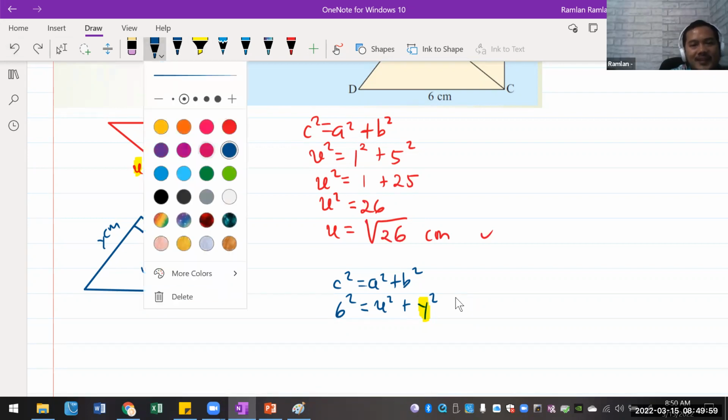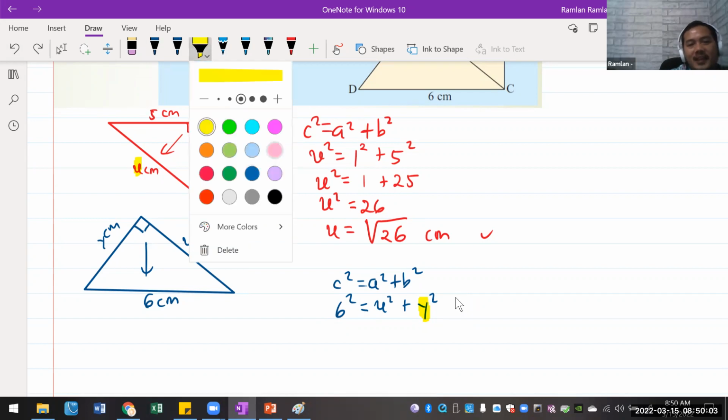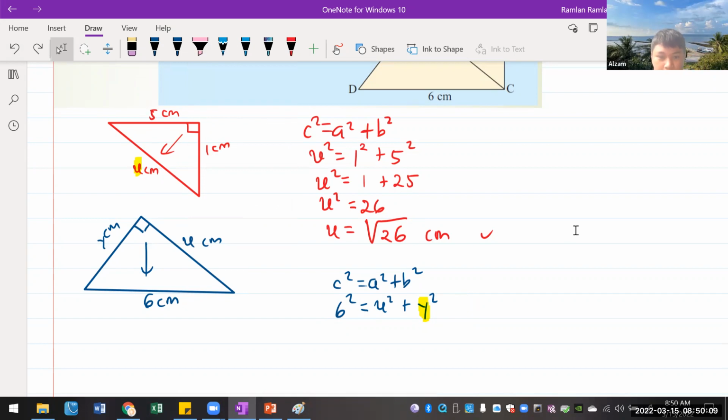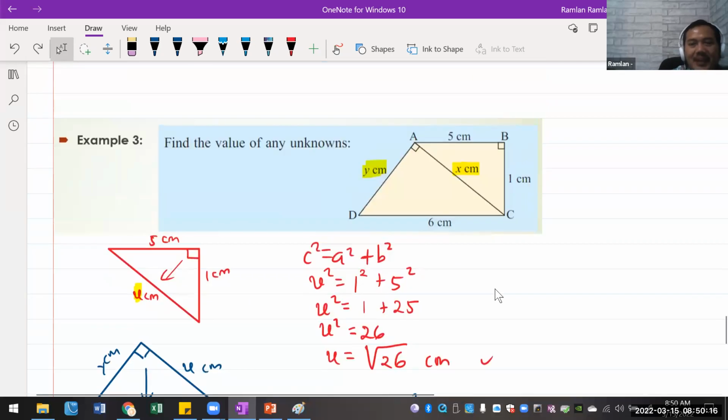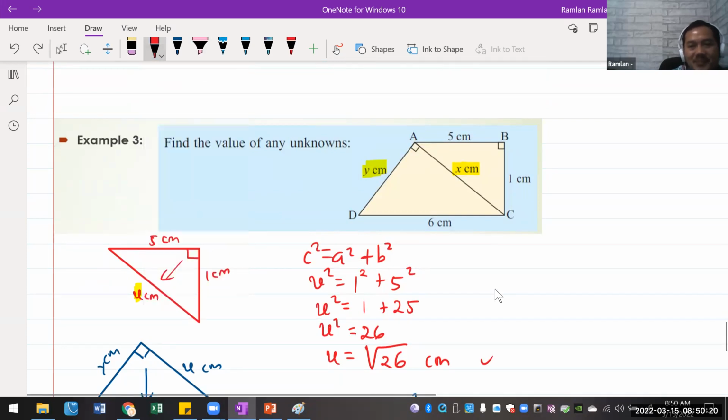What do you think? Can others help? Isn't it 26, Sir? 26, the square root of 26. Yes, thank you, Azam. Yes, actually, guys, because we know that we have the same shape, and we know previously that x is the square root of 26. So you can put that square root of 26 over here, right?